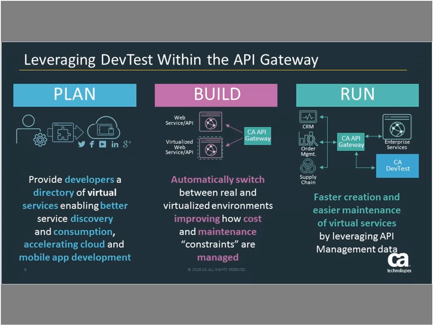In the build phase, we support development and QA by switching between real services and virtual services, shaving off costs. This is where the true value comes from, during the development and testing cycles. And in the run phase, we can leverage API and virtual services to create critical services and maintain the environment over the long term.